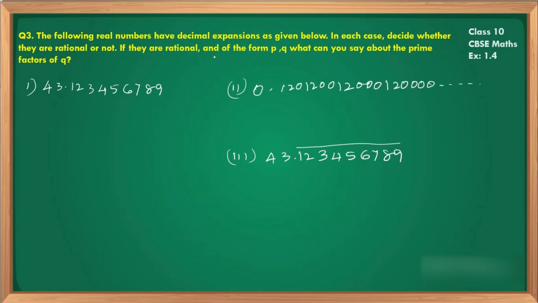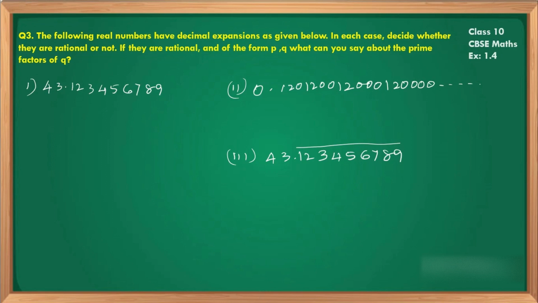If they are rational and of the form P by Q, what can you say about the prime factors of Q? Now the question is already given in the decimal expansion. You have to decide whether they are rational numbers. If they are not rational numbers, write down that they are irrational numbers. And if they are rational numbers, you have to say something about the prime factors of Q.